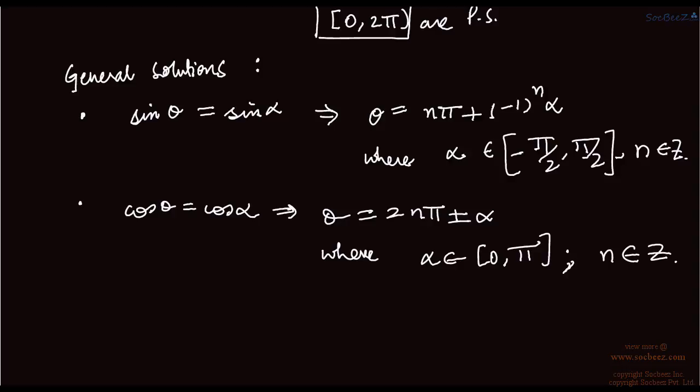Because 0 to pi is the first and second quadrant. In the first and fourth quadrant, sine is positive. In the first and second quadrant, cos is positive. That's why 0 to pi by 2 and pi by 2 to pi includes the first and second quadrant.